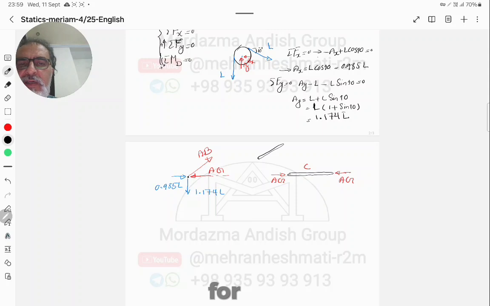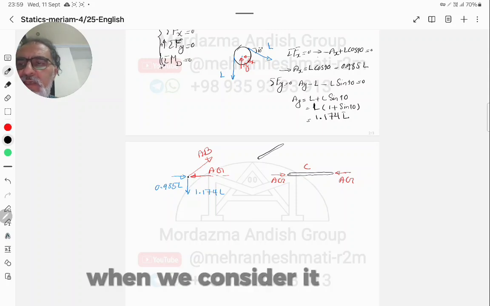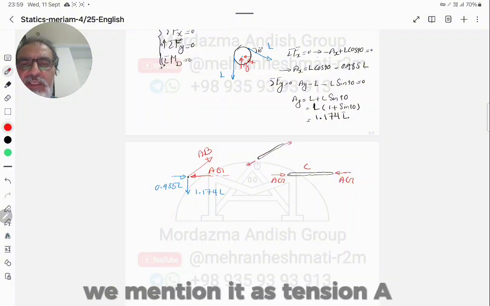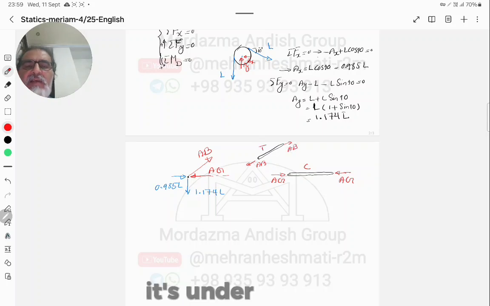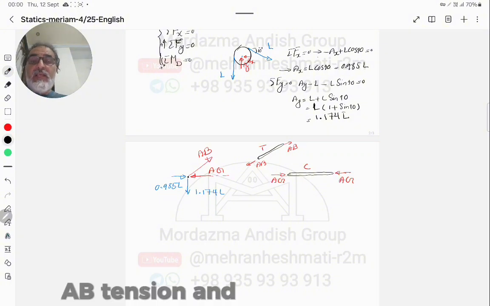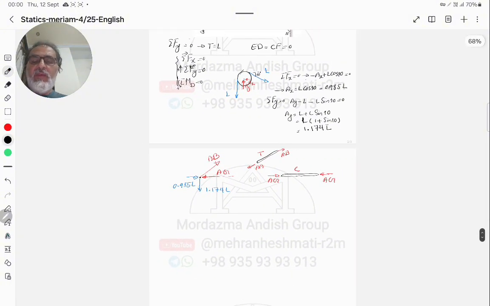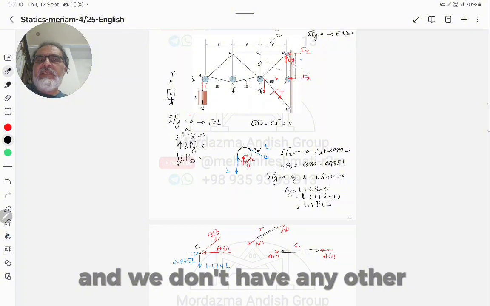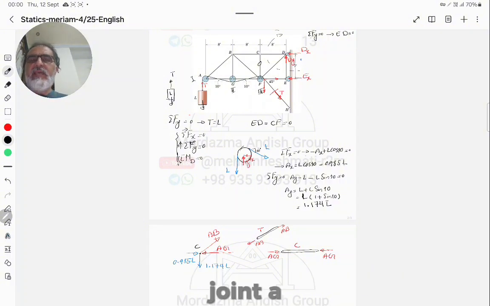For AB, when we consider it in this situation, we mention it as a tension. AB is under tension. AB tension and AG compression. And this is joint C, and we don't have any other external forces on joint A.